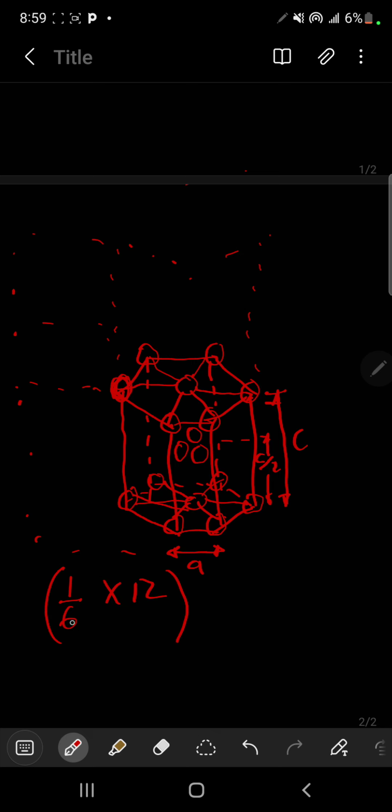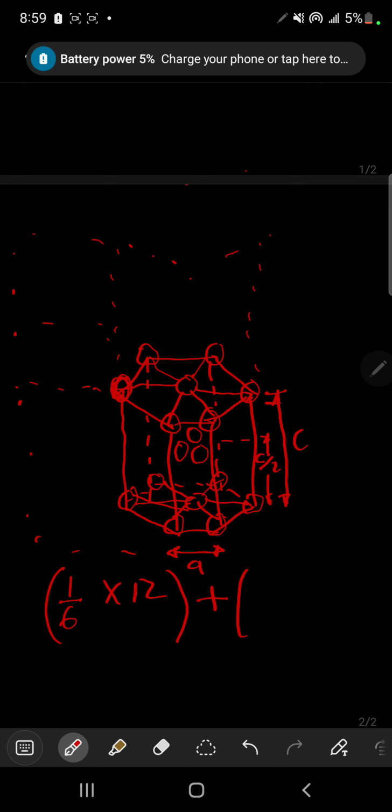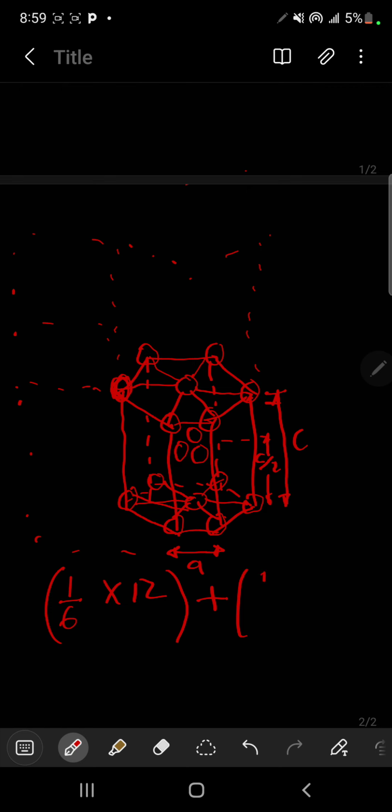But that is not the only number of portions of atoms it's containing. Notice that it also has an atom on top and an atom below, but that is not a full atom. It is being shared by a crystal on top and the one below. So in other words, it is only getting a portion of half, multiplied by 2, because there are 2 atoms here.